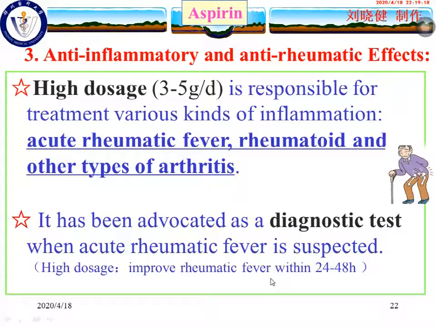If the fever is relieved by a large dose of aspirin within 1 to 2 days, we can diagnose this as acute rheumatic fever. So it has this diagnostic significance. But it usually requires a higher dose than for antipyretic and analgesic effects.